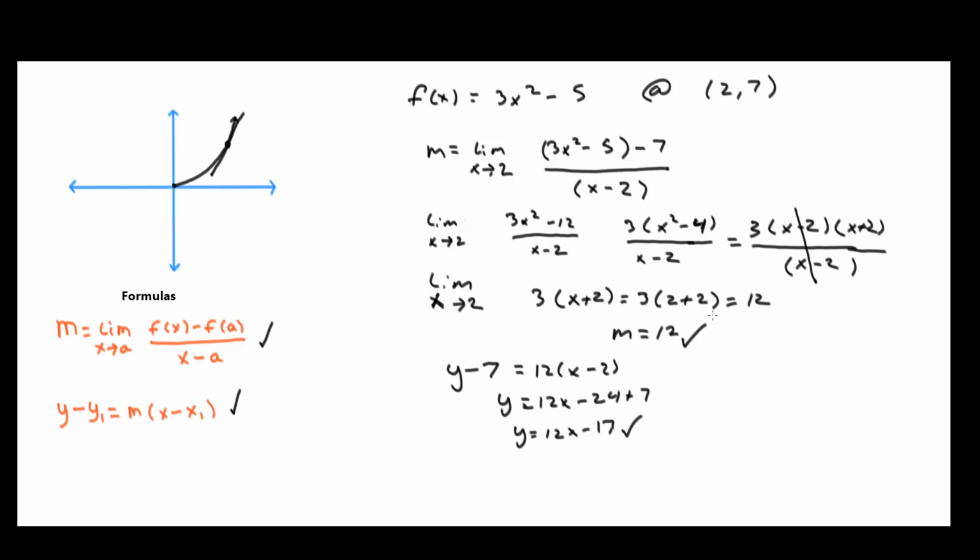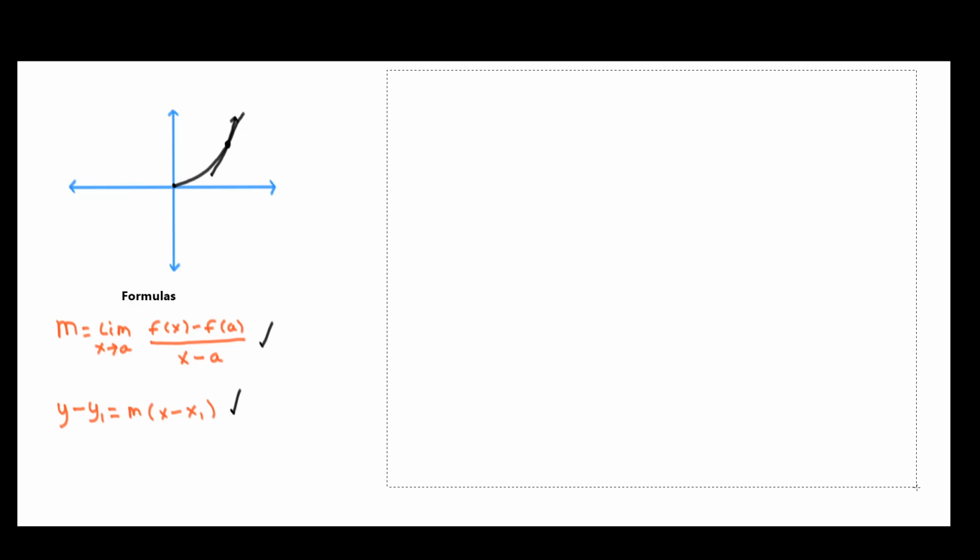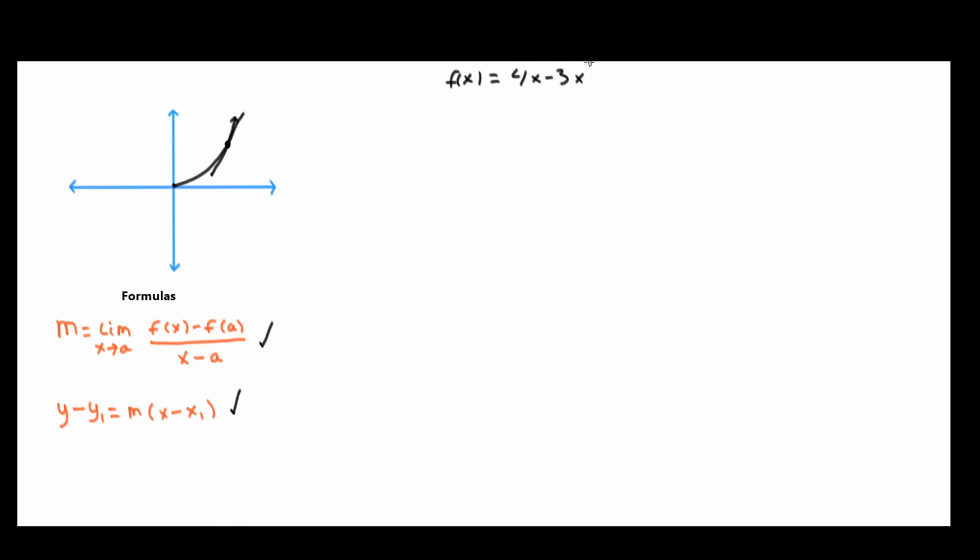Let's do one more quick example. So in this one we'll have a function f(x) equal to 4x minus 3x squared at the point (2, negative 4).